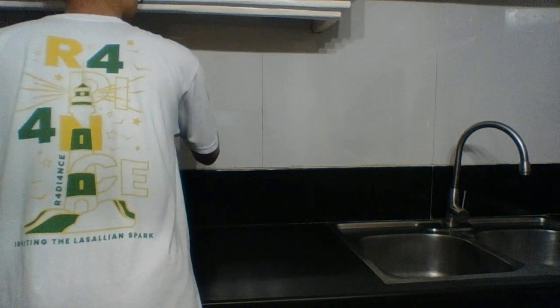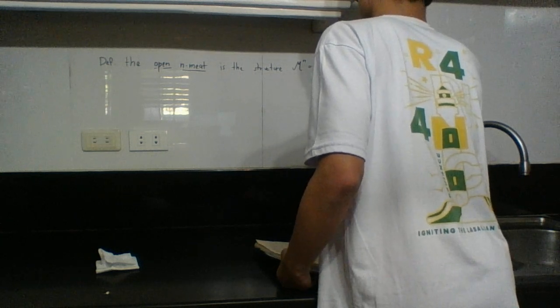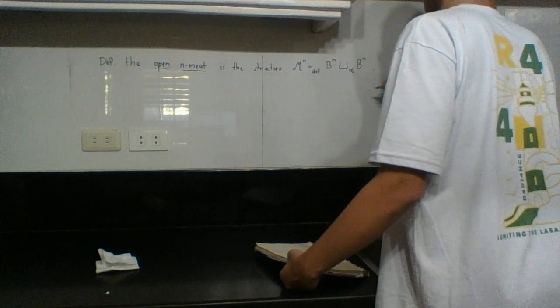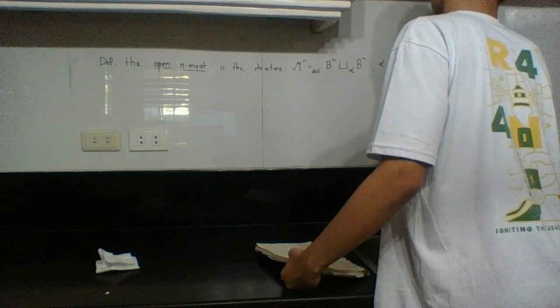The open n meet is the structure which is M to the n, which is equal by definition to a gluing of two open balls B to the n glued to itself such that alpha is inside the open, but not the entirety.